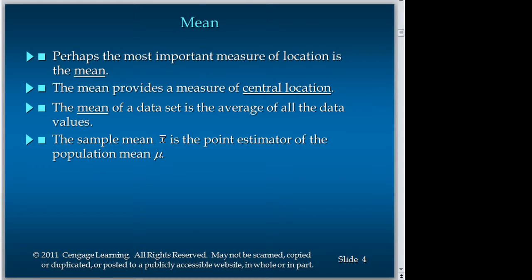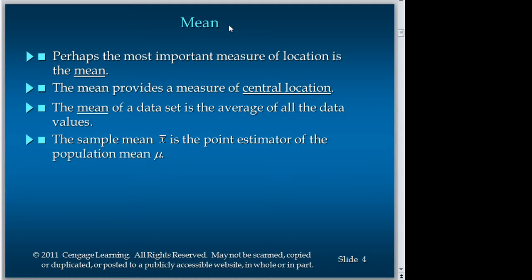All right, let's talk about the mean first. Mean is also known as average in the usual common sense. Same thing as the average. But in statistics, we don't call that average, we call that mean. And mean provides a measure of central location.